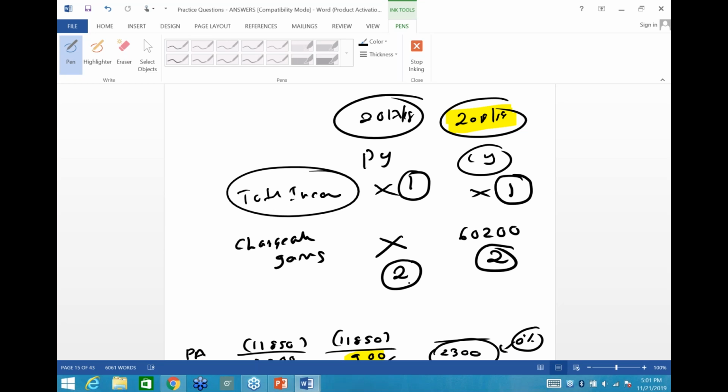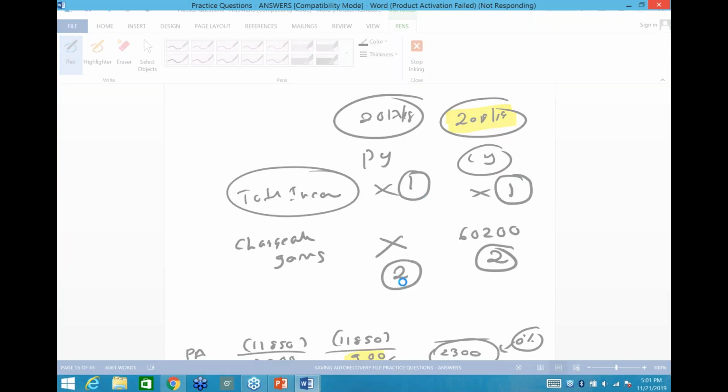If you want to use the previous year chargeable gain, first use the previous year's total income. You can ignore the current year total income. First use the previous year total income, and then you can use the previous year chargeable gain. So this is how you should use the relief against your chargeable gains. Remember that. All right.